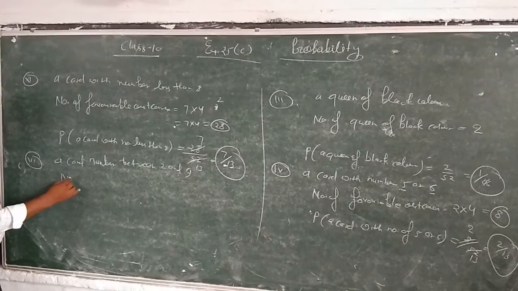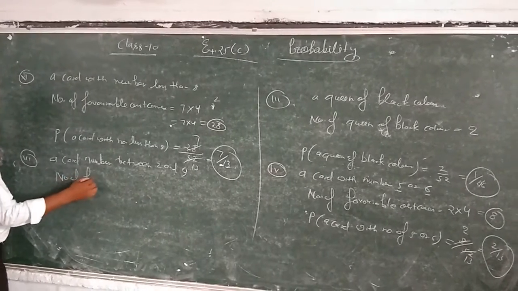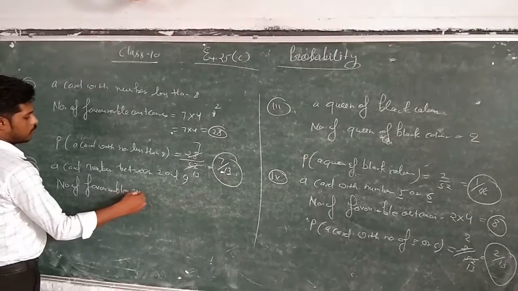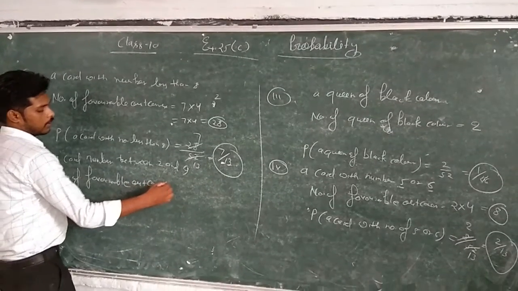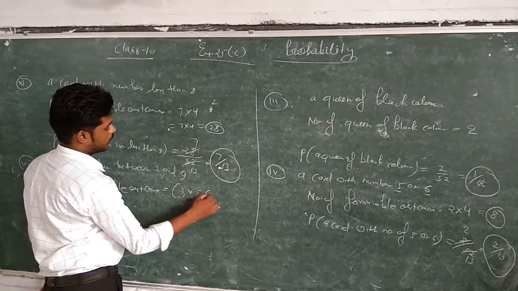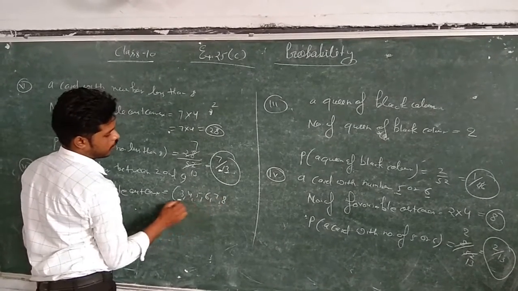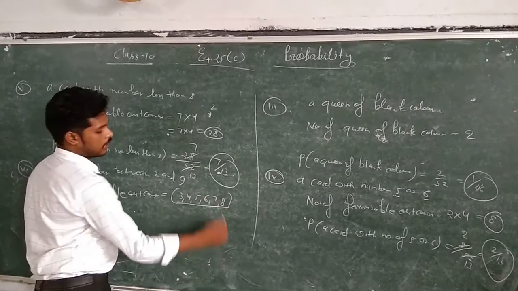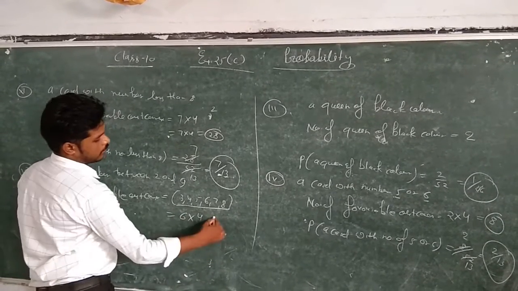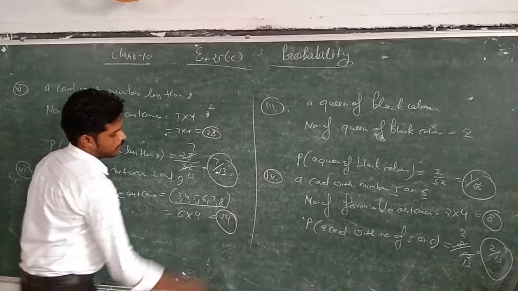So the number of favorable outcomes, if you talk about 3, 4, 5, 6, 7, 8, you can count that the total is 6. It means 6 into 4, because it is 4 times, so the number is 24.